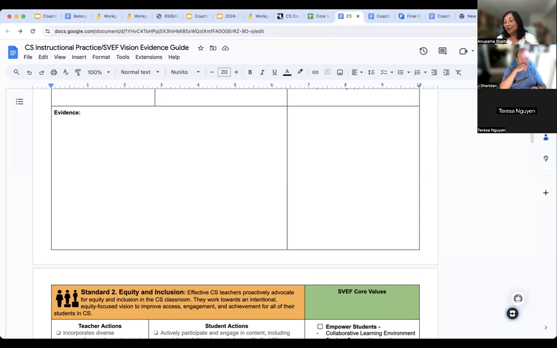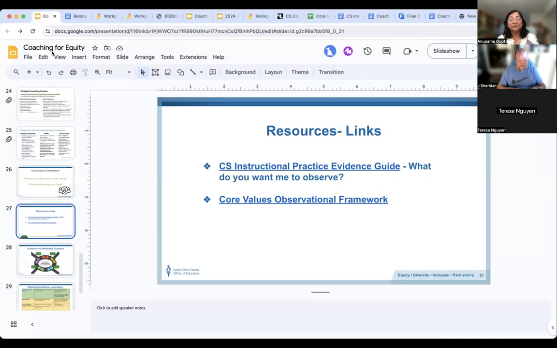Here's a place where you can document, because at the end we need some kind of documentation of your work as a coach, as an equity coach. It's like a journey, so just a reflection of what you've been doing.